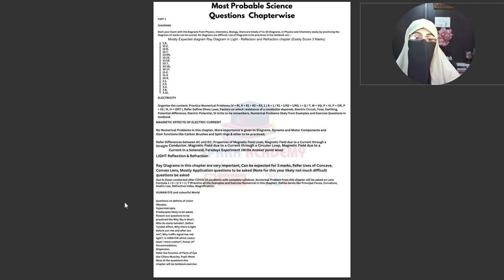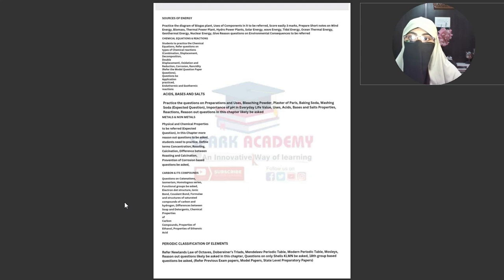Okay, now coming on to the next chapter, that is sources of energy. In sources of energy, you need to practice the diagram of the biogas plant, which is very important. Basically many students tend to skip this chapter because it doesn't seem like general knowledge.